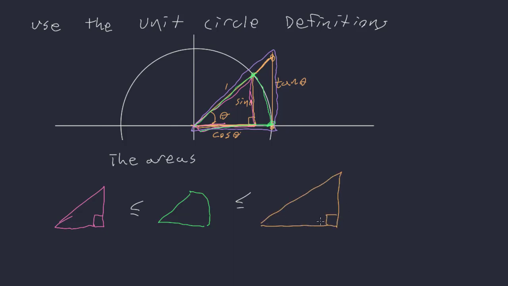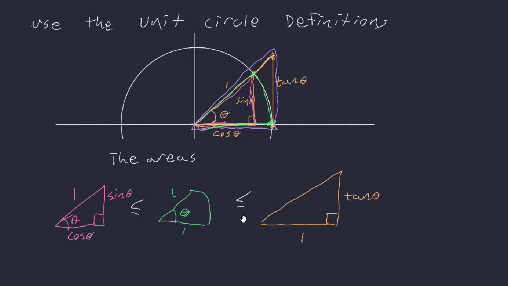So the smaller triangle is a cosine by sine by 1 right triangle. The pie slice has an angle theta, and the radius is 1. And then here we have a triangle with base 1 and height tangent.